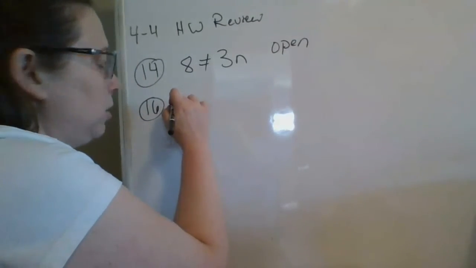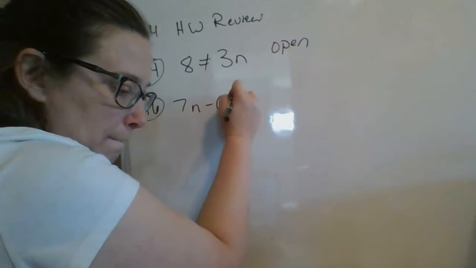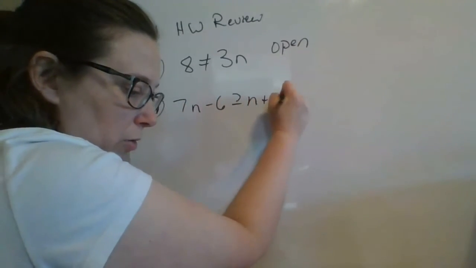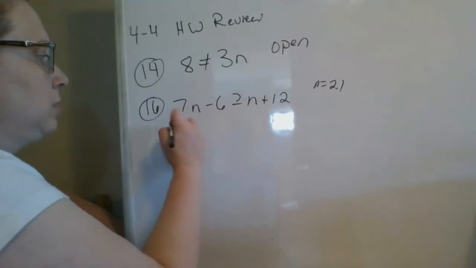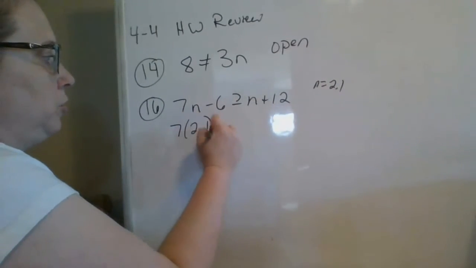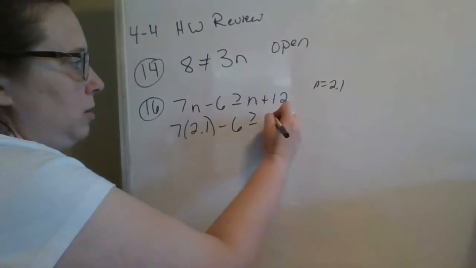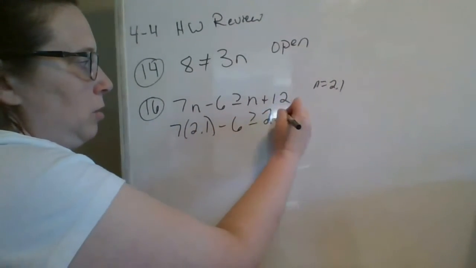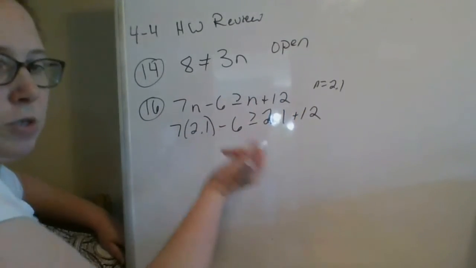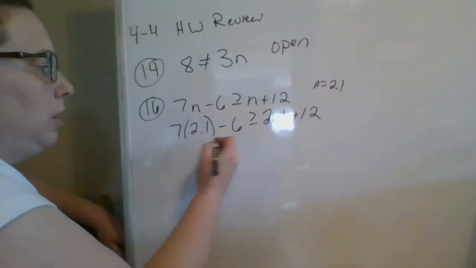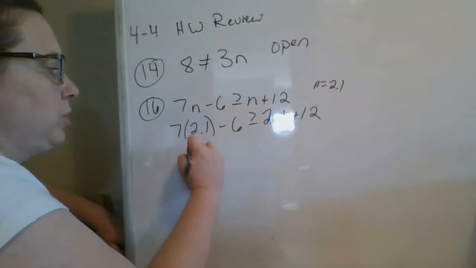So for number 16, we have this, and it tells us that n equals 2 and 1/10. So we're going to substitute in for n. Anywhere there's an n, you're putting 2 and 1/10. We have 2 n's, so we have to substitute that in twice. Now I'm going to follow my order of operations.